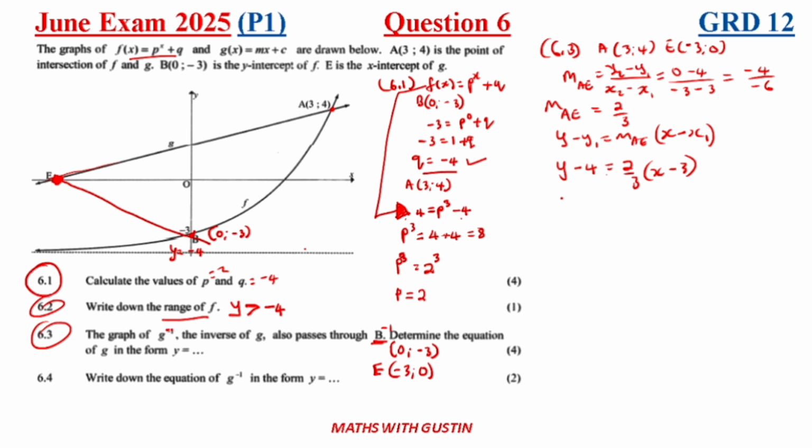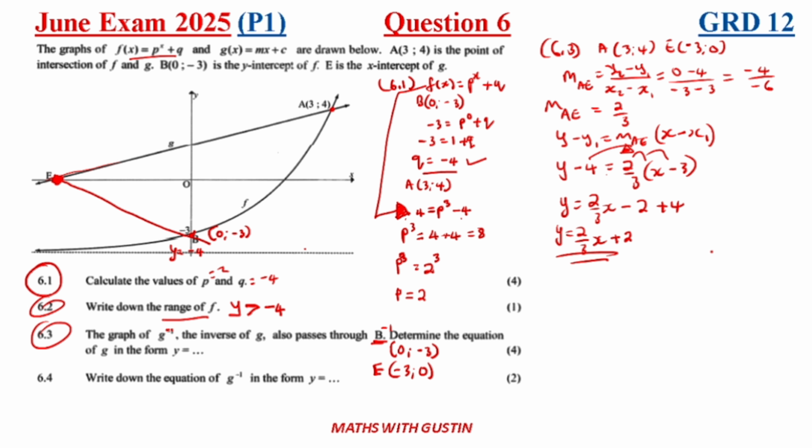Therefore we remove the bracket: 2 over 3x, and then minus 3 times 2 over 3 gives minus 2, therefore plus 2 here when we take the 4 to the other side, plus 4 rather. Y is equal to 2 over 3x plus 2.